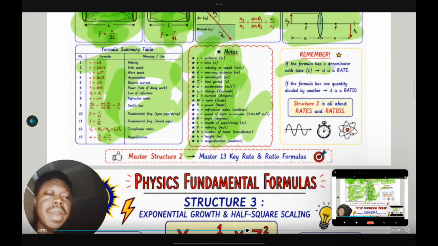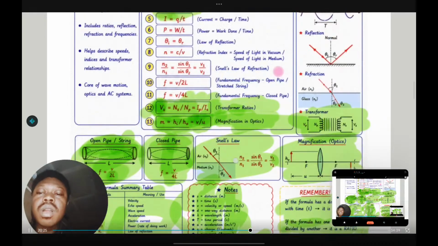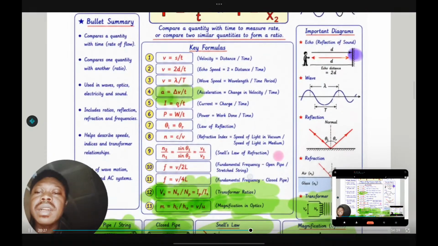So remember, if the formula has a denominator with time, it is a rate. Take note of it when you are defining, in case you are asked to define. Then if the formula has one quantity divided by another, it is a ratio. Also take note of this. So structure 2 is all about rates and ratio. Structure 2 is all about rates and ratio.